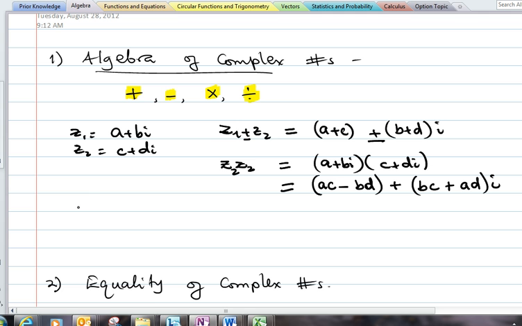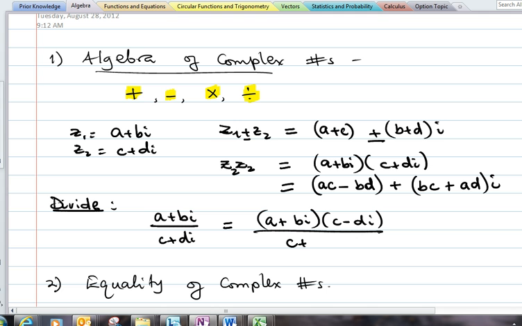When you divide complex numbers, hopefully you have been able to review and find that a plus bi divided by c plus di, you need to realize the denominator, that is to make the denominator real, and that is done by multiplying both the numerator and the denominator by the conjugate of the denominator, where the conjugate of a complex number is always the same as the original number, but with the imaginary part reversed in sign.